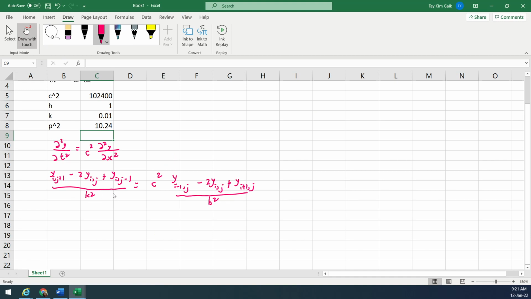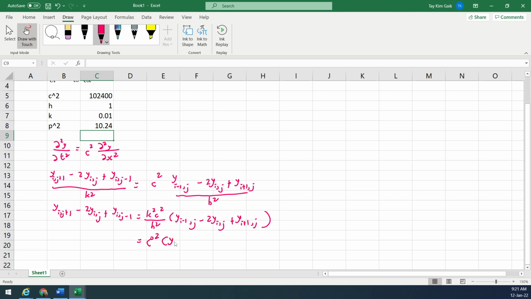Then you collect your k, bringing the k squared to the right hand side: yij plus 1 minus 2 yij plus yij minus 1 equal to k squared c squared over h squared times yi minus 1 j minus 2 yij plus yi plus 1j. This one is what we denote as rho squared.